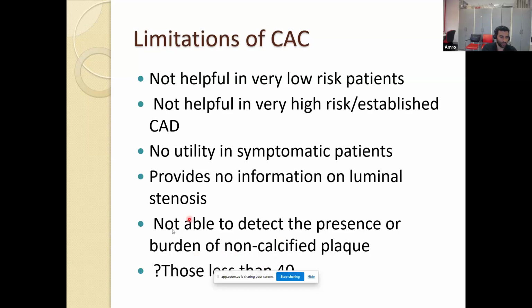And that's often seen in patients with familial hypercholesterolemia. So if I had a patient under 40, I wouldn't put them through a CAC score. I'd put them through a CT coronary angiogram because I'd want to be identifying those vulnerable non-calcified plaques, which are more dangerous.